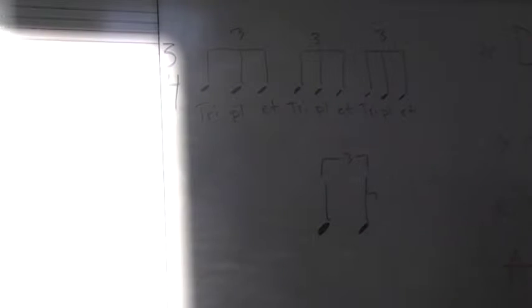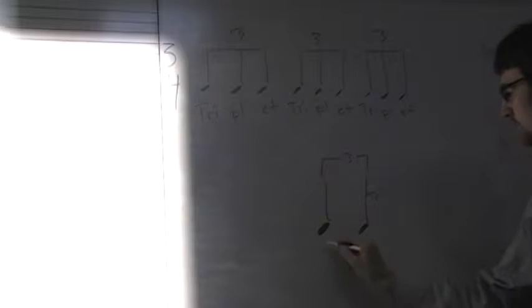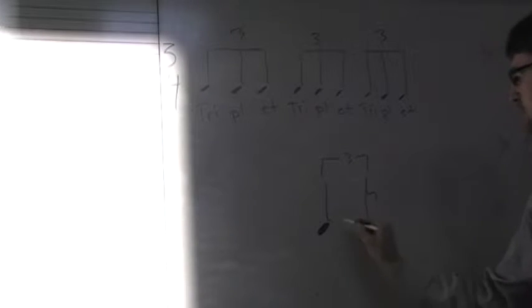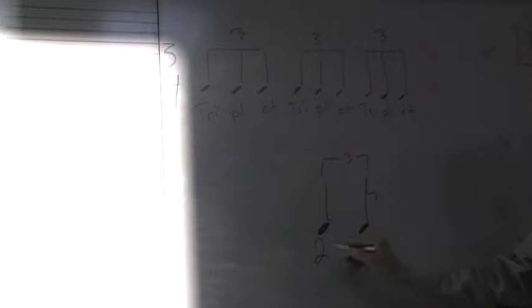Since it's inside a triplet bracket, what we have is totally different. This now equals 2 eighth note triplets. And that is 1 eighth note triplet because it's just 1 eighth note. Okay, so that's synonymous to 2 eighth note triplets when it's inside the bracket.